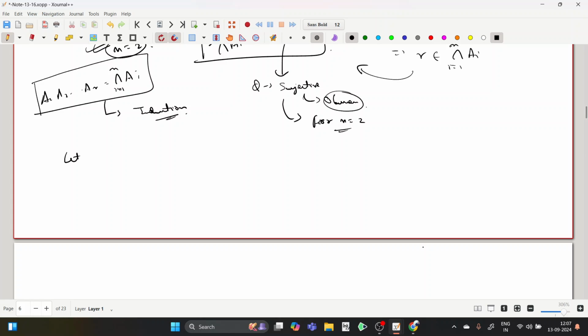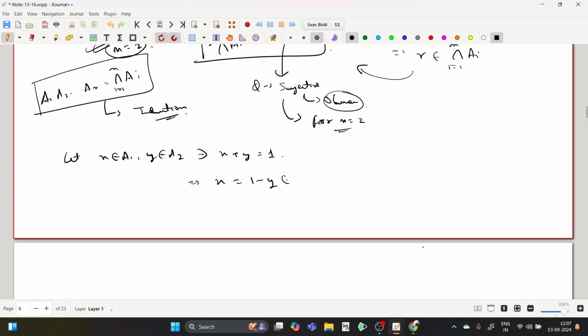So let x be coming from a1, y be coming from a2. Since a1 and a2 are co-maximal, therefore I can have x plus y equals 1. So I am choosing elements x and y such that x plus y equals 1. Clear? But if I choose the elements in this way, that x plus y equals 1, then observe that x equals 1 minus y.